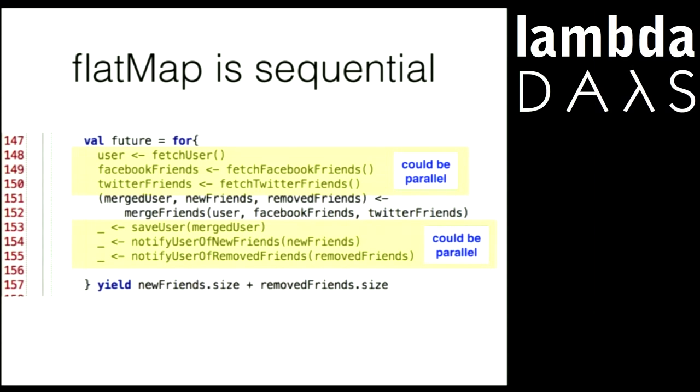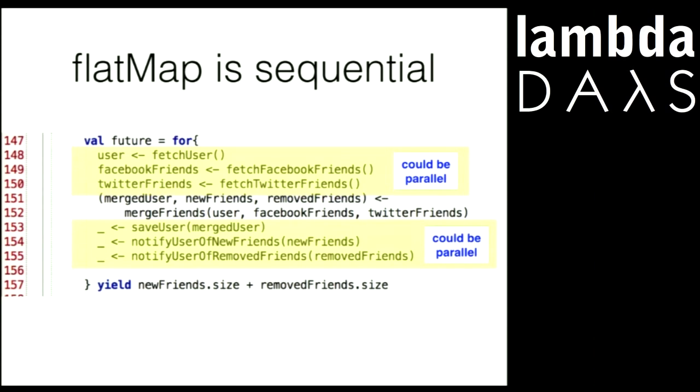Now it might not be entirely obvious that these two sections, the top and bottom sections, are not parallel. If you think about it, they translate to a chain of flat maps. And the way the flat map works is it only creates a new future, the inner future, if the previous future finished. So this is synchronous but not parallel.